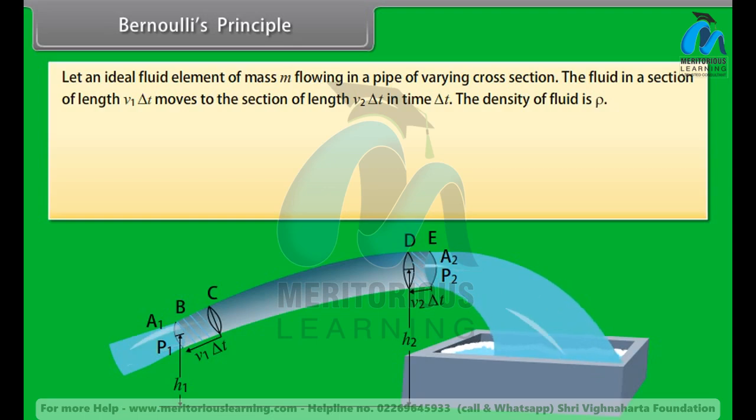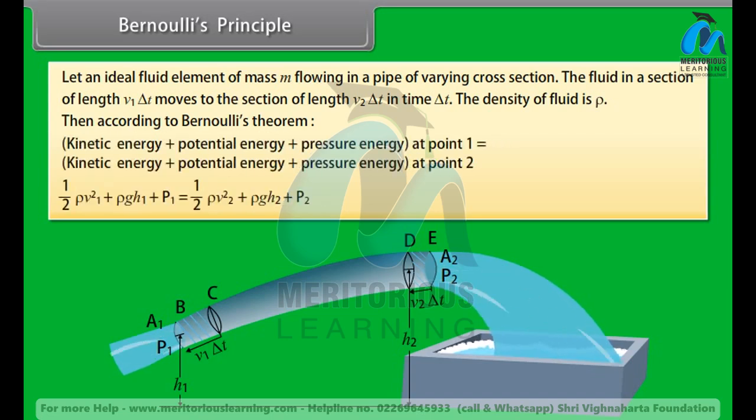The fluid in a section of length V1 delta t moves to the section of length V2 delta t in time delta t. The density of the fluid is rho. Then, according to Bernoulli's theorem, the sum of kinetic energy, potential energy and pressure energy at point 1 is equal to the sum of kinetic energy, potential energy and pressure energy at point 2.